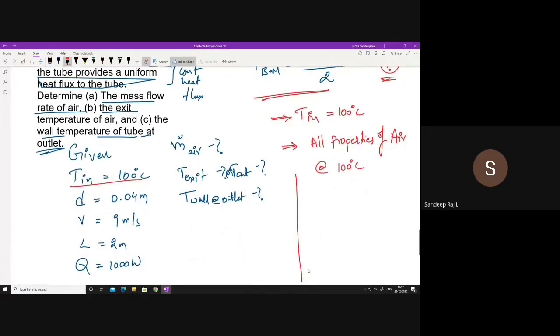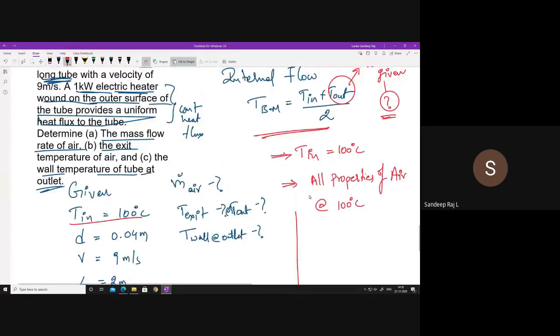See, is it clear? If the bulk mean temperature is given in the problem, you will make use of the bulk mean temperature to find all the property values. But if it is not given, whatever fluid temperature is given, that temperature you will make use of to get the property values. That's the point there, right?